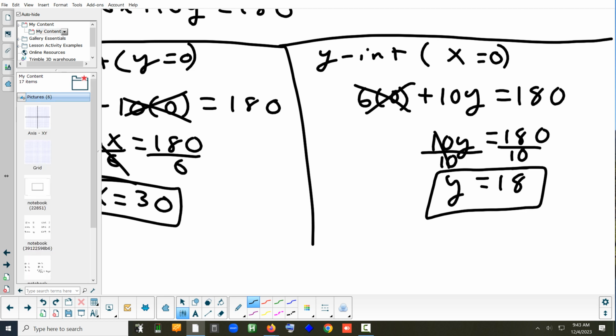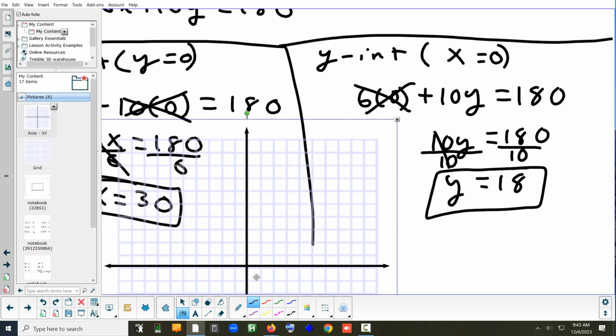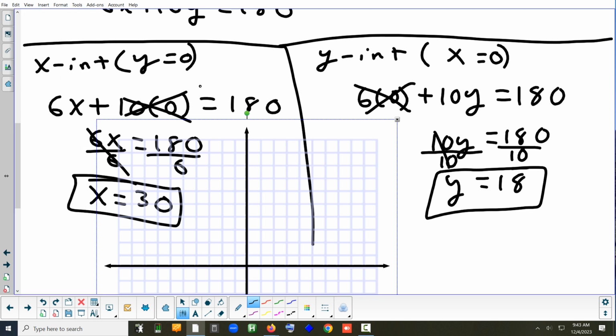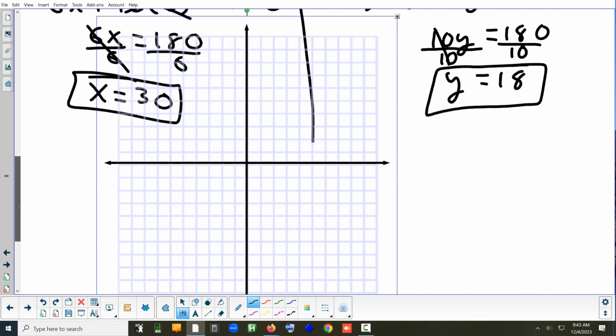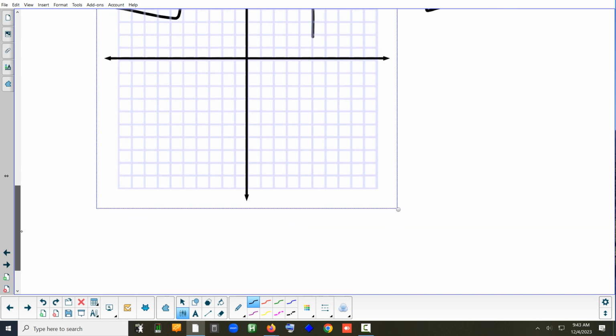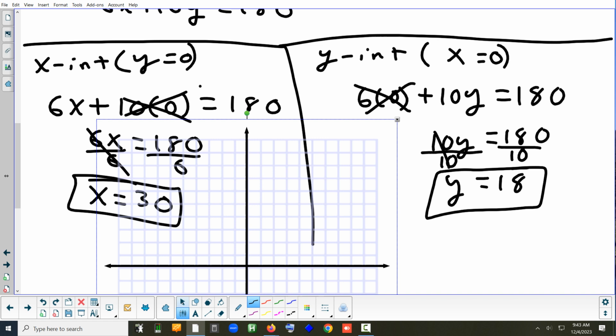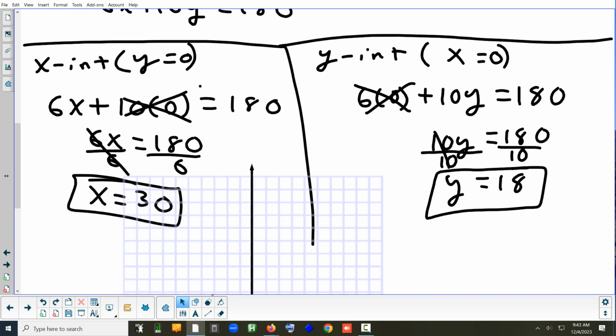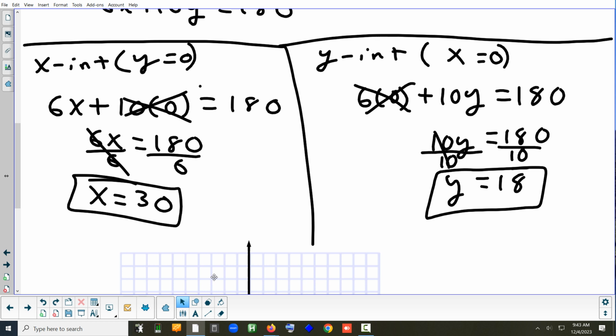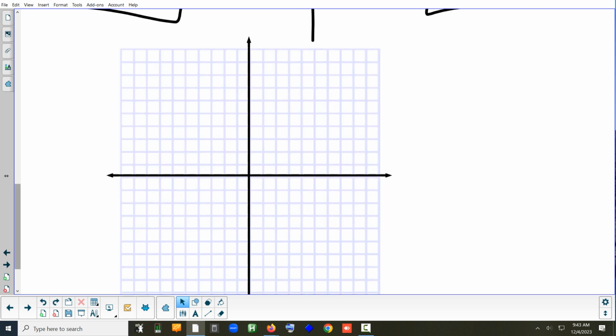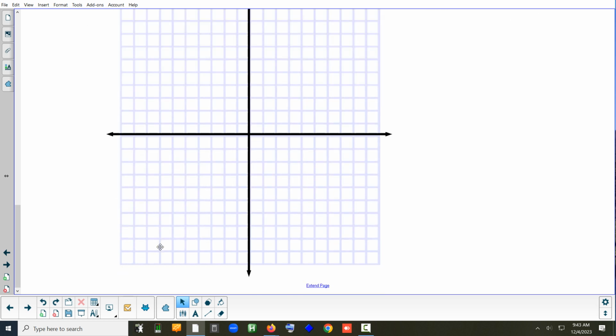Also, do I need to worry about negative amounts of tables? Am I going to have any negatives? What do you think, Madeline? Oh, no. We don't really have to worry about negatives. So when we draw our graph, pretty much the entire problem is going to be in the upper right. We don't even need the lower left.